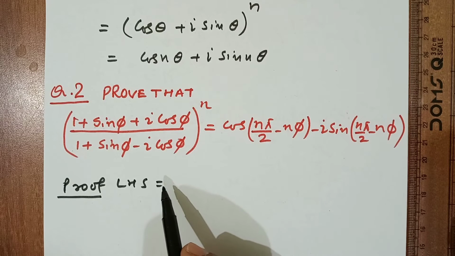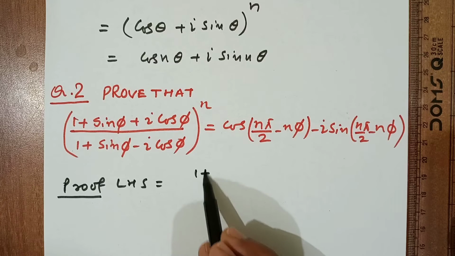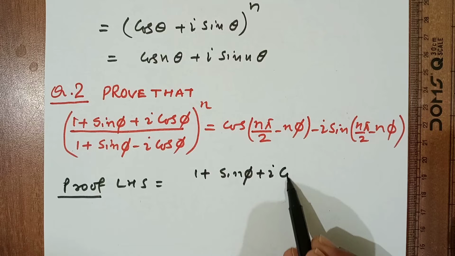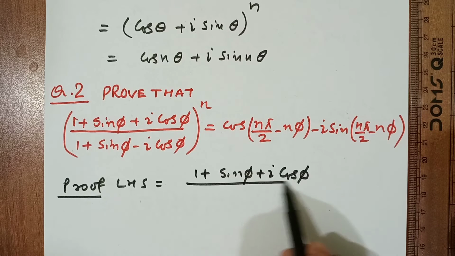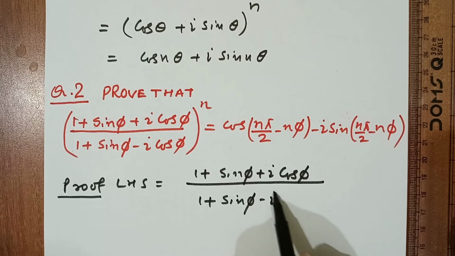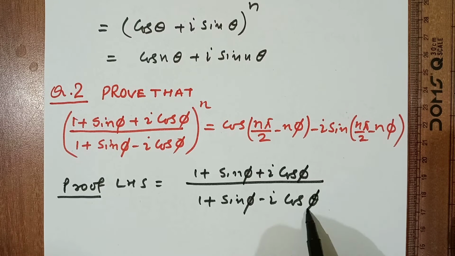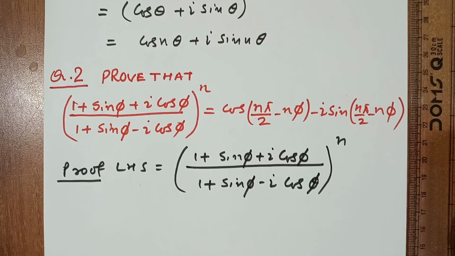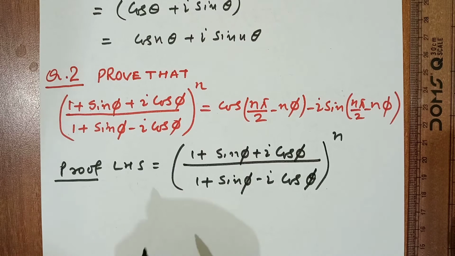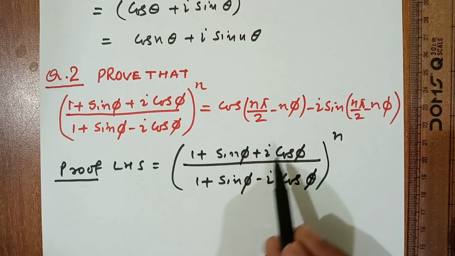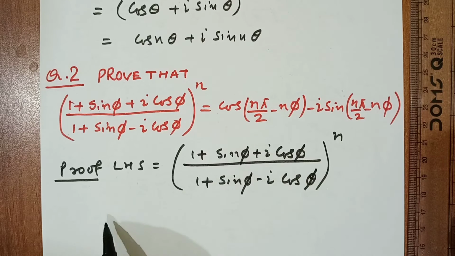So left hand side, (1 plus sin phi plus i cos phi) upon (1 plus sin phi minus i cos phi), to the power n. Here we remember that De Moivre's theorem applies when this is the real part and this is the imaginary part.